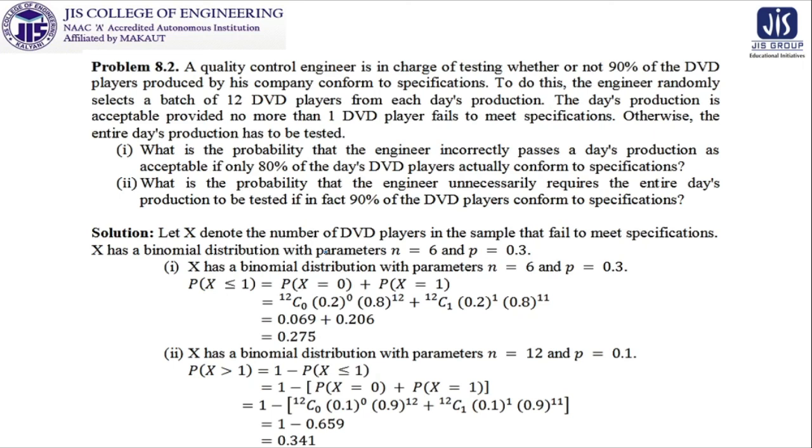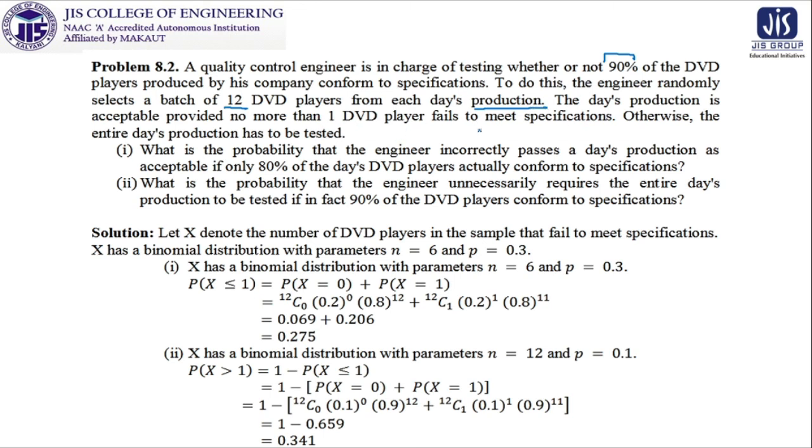In a similar manner, if we go for the next problem, our job is to understand the question first. A quality control engineer is in charge of testing whether or not 90% of the DVD players produced by his company conform to the specification. To do this, the engineer randomly selects a batch of 12 DVD players from each day's production.